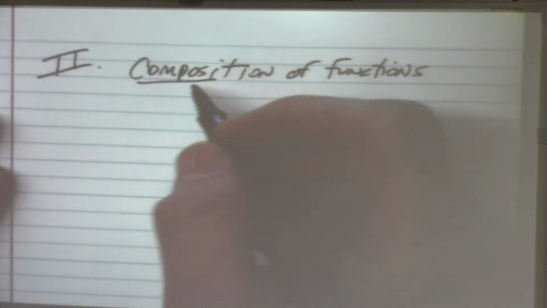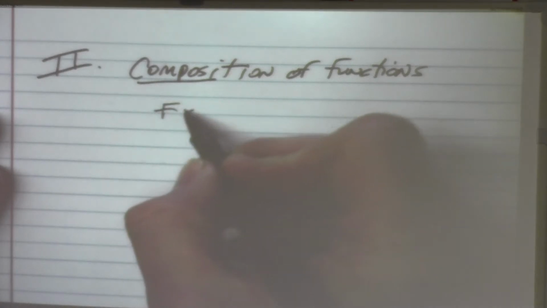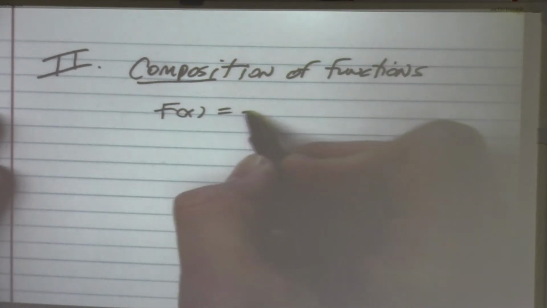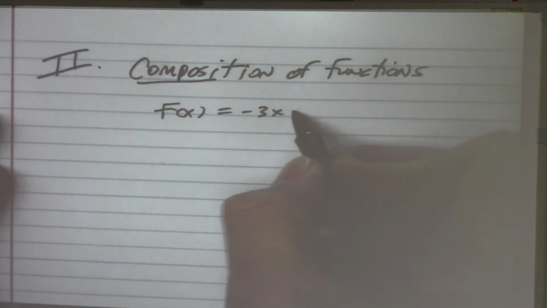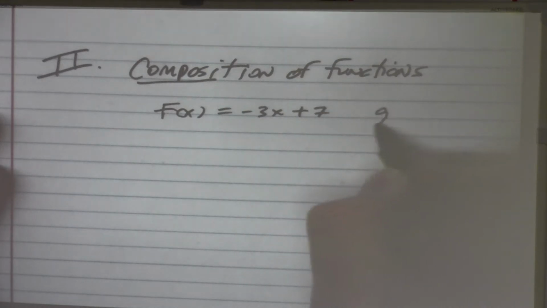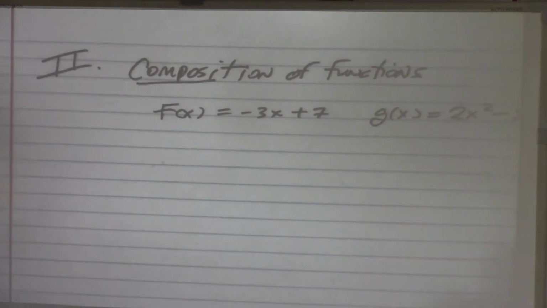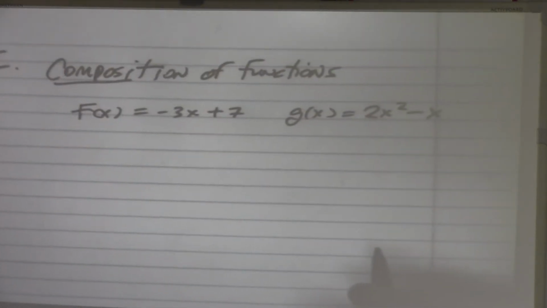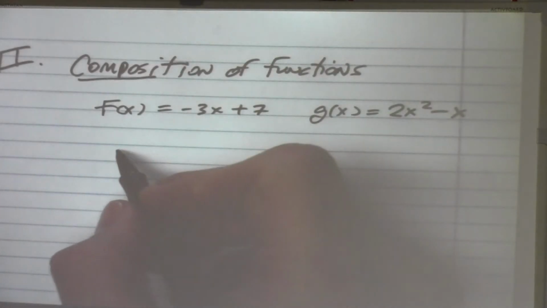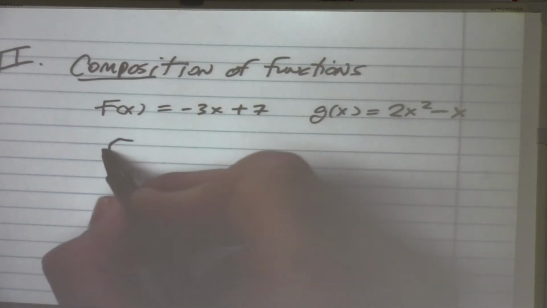inside another function. So let's take the same two functions, f of x equals negative 3x plus 7, and g of x equals 2x squared minus x. Okay, those are the same ones that we had. The notation that's used is two possible things.